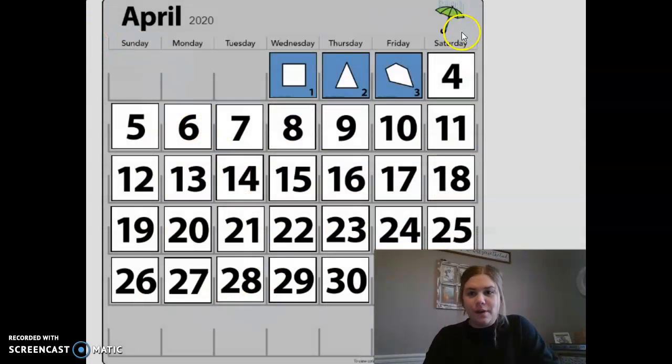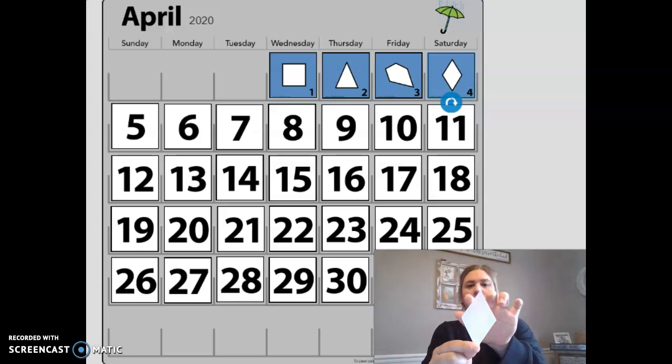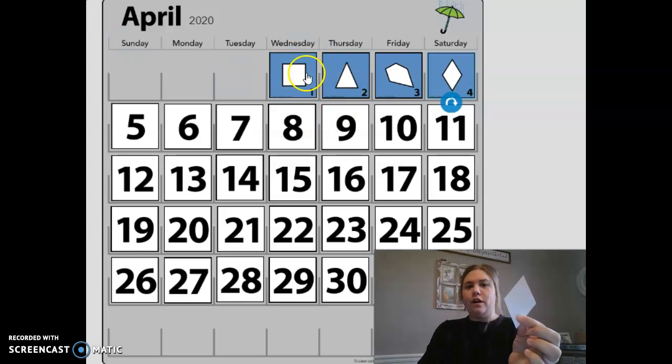Now let's check out tomorrow, April 4th. Let's see what tomorrow's is. Tomorrow's is a quadrilateral or a rhombus, but it's called a quadrilateral because it has 4 sides. And as you can see, our square up here also is a quadrilateral and a square, but we're going to call it a quadrilateral as well as this one right here.